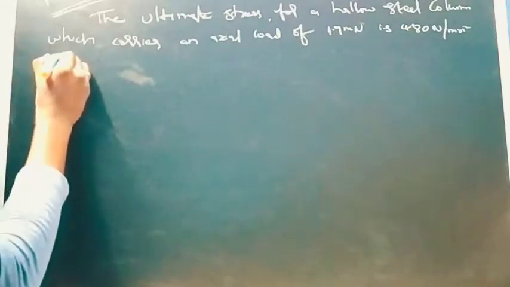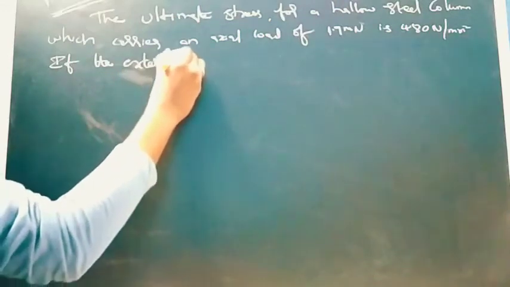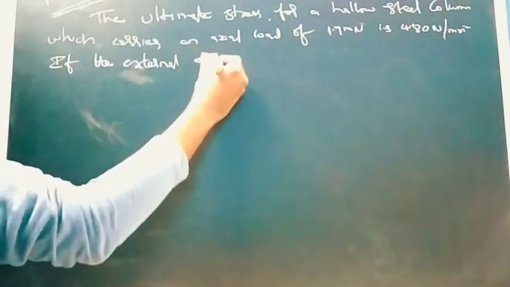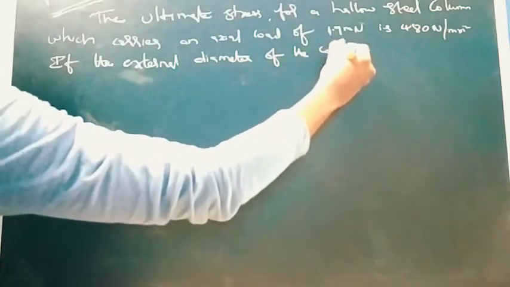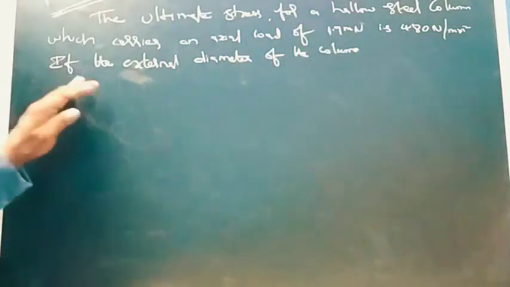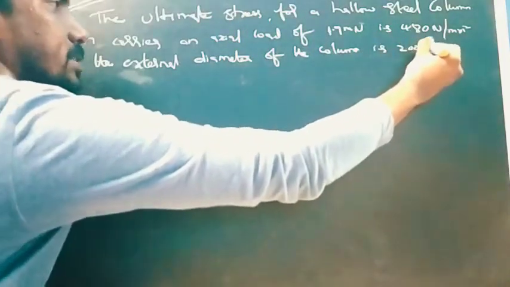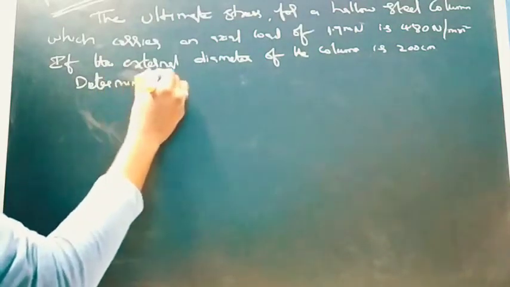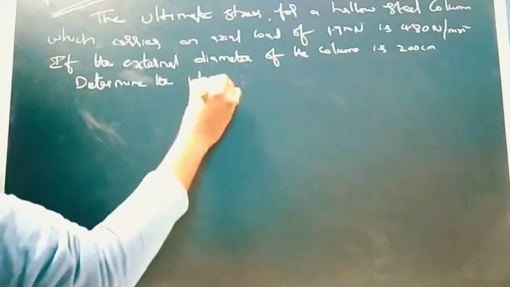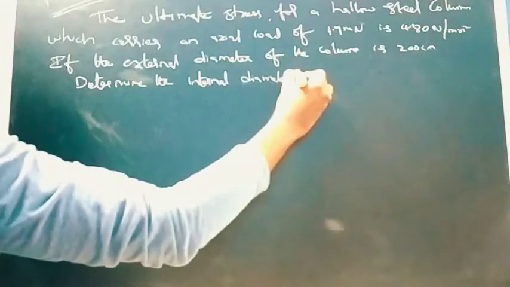Next, if the external diameter of the column is 200 mm, determine the internal diameter.